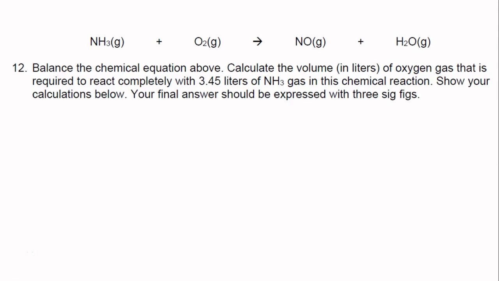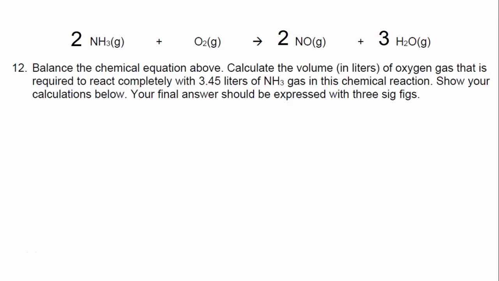There's already 1 nitrogen on each side, but there are 3 hydrogens on the left and 2 hydrogens on the right. So we could start with putting a 2 in front of the ammonia, NH3, and a 3 in front of the water. Now we have 2 nitrogens on the left, so we can put a 2 in front of the nitrogen monoxide.